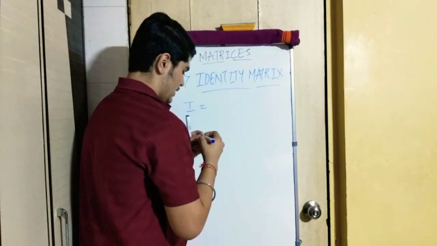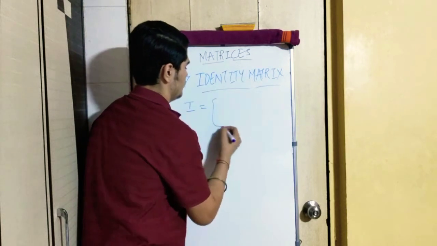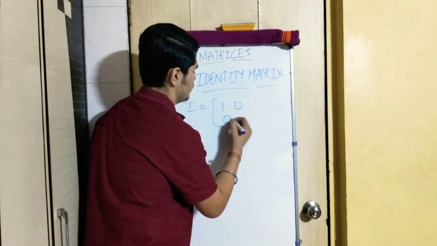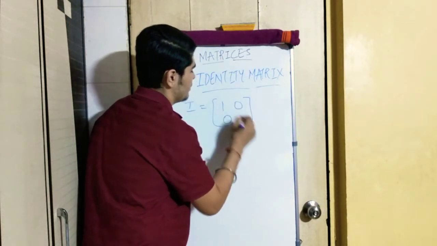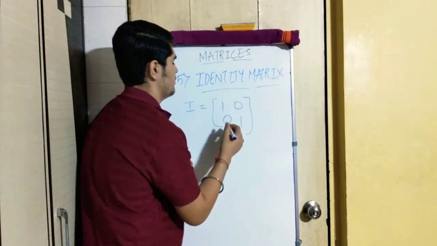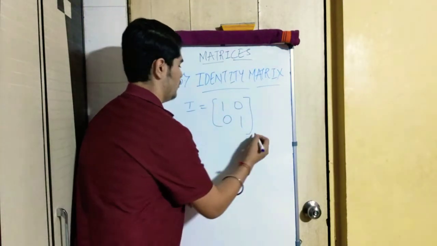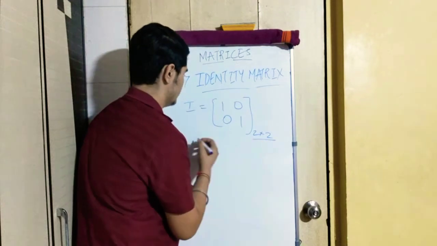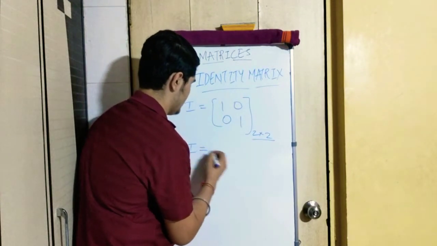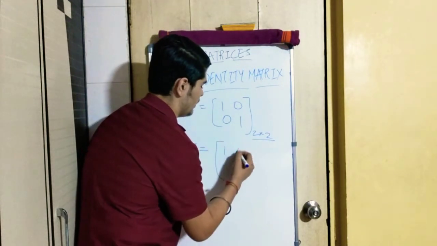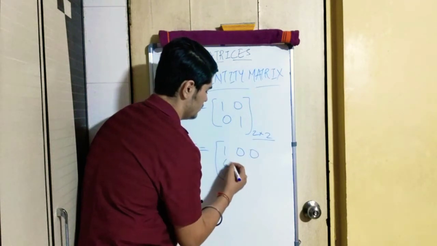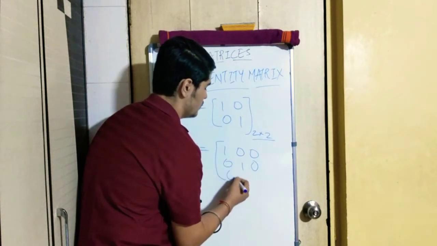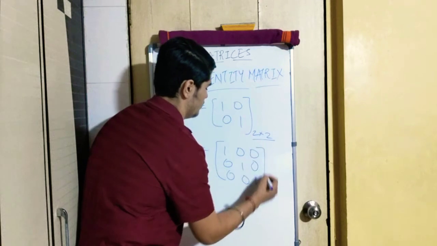So for a 2 by 2 matrix, the identity matrix is 1 0 0 1. The diagonal elements are 1 and the other elements are 0. And for a 3 by 3 matrix, I is equal to 1 0 0, 0 1 0, 0 0 1.